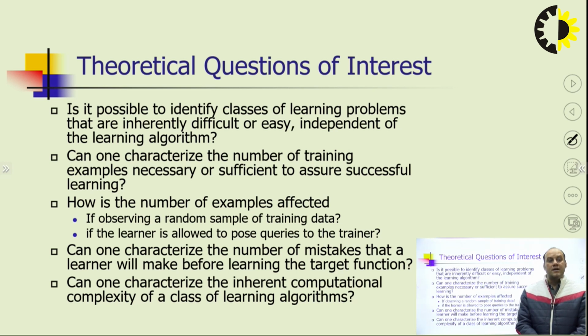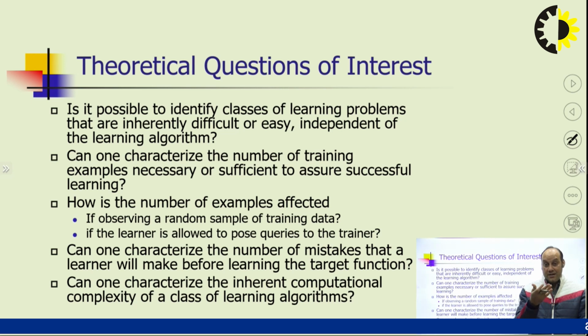Another: can one categorize the number of mistakes that a learner will make before learning the target function? Because the main concept here is that we first devise a target function, then we approximate it. So can anyone categorize how many mistakes will be made by the learner before learning that target function?